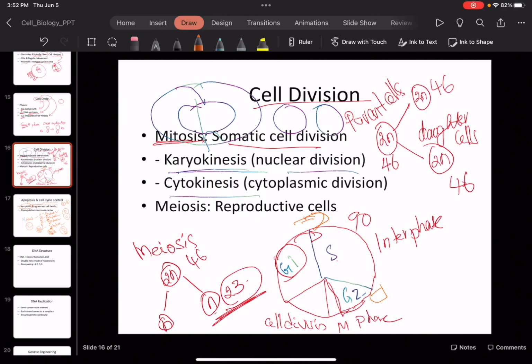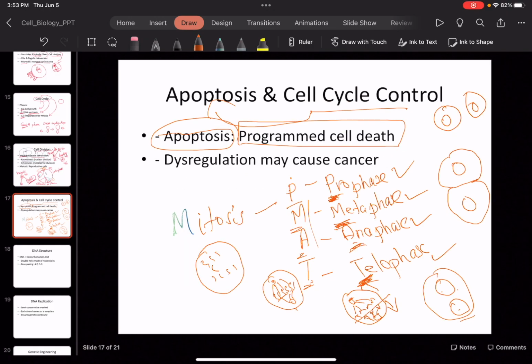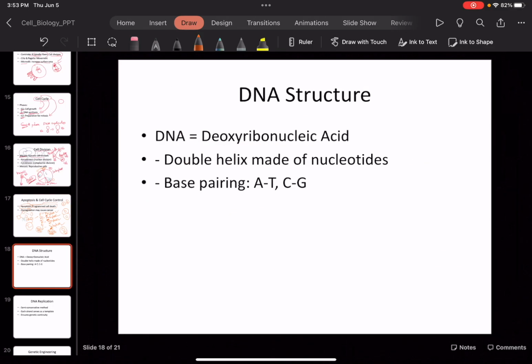If you're not capable of going from G1 to S, your system says you stay here and mature, and if you have any issues, fix them, then go for the S phase. If you cannot fix it, then you go for apoptosis. If you have any dysregulation or uncontrolled growth of cells, or any damage to a checkpoint, it can cause what? Cancer. The program has some issue, and cells start dividing more and more, faster. This is called proliferation of the cell, which can lead to cancer, uncontrolled cell growth.